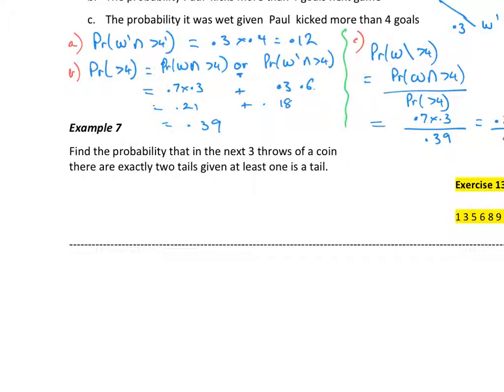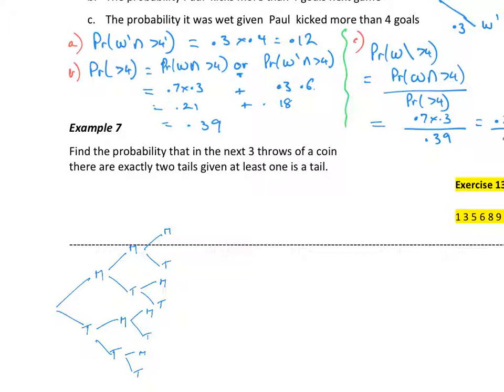Finally, find the probability that in the next 3 throws of a coin, there are exactly 2 tails, given at least one is a tail. Right, so let's have a look at our, well, if we just do a quick listing: head, tail, head, tail, head, tail, head, tail.